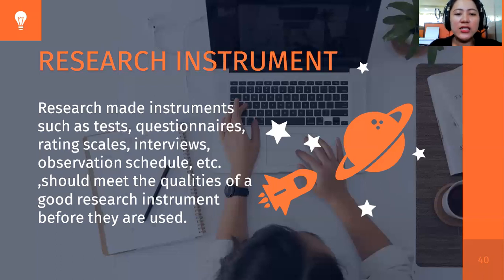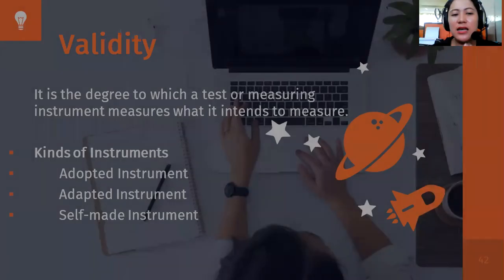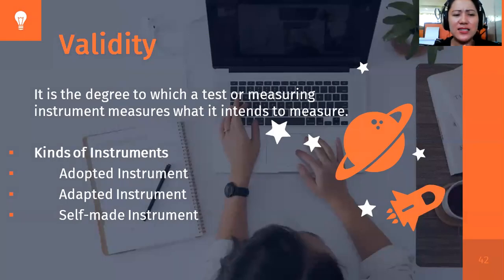So let's single out all the qualities expected for a research instrument. First we have the validity, second the usability, and third is the reliability. So what is validity? Validity is the degree to which a test or measuring instrument measures what is intended to be measured.